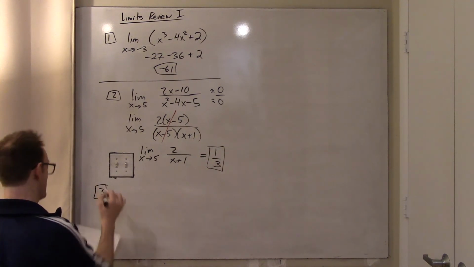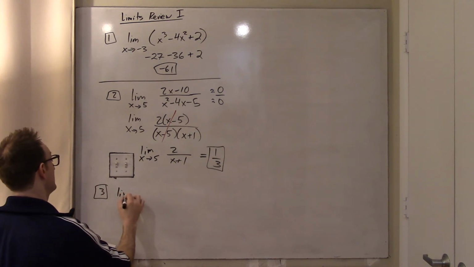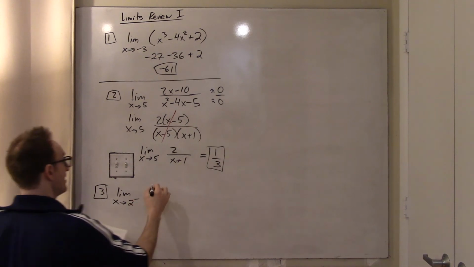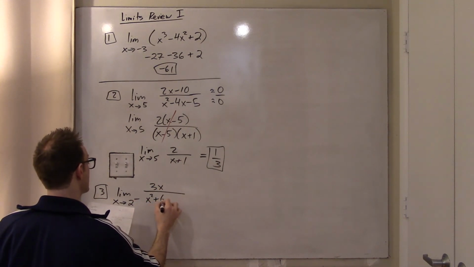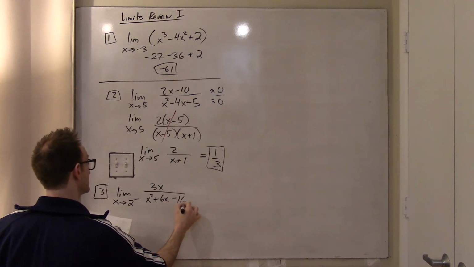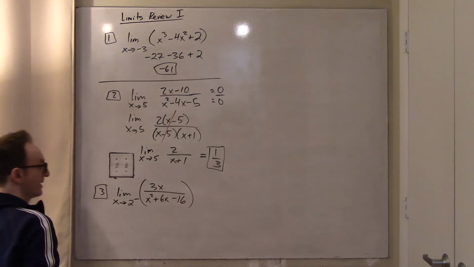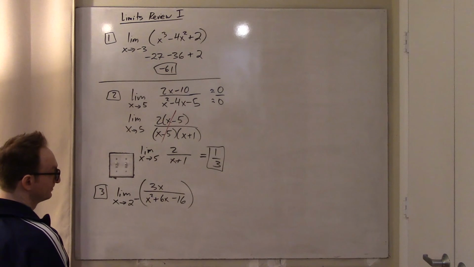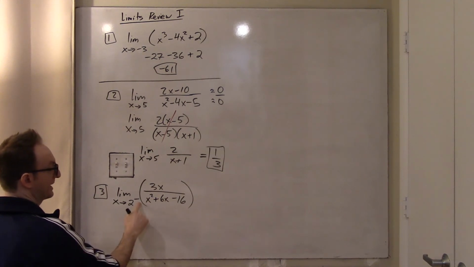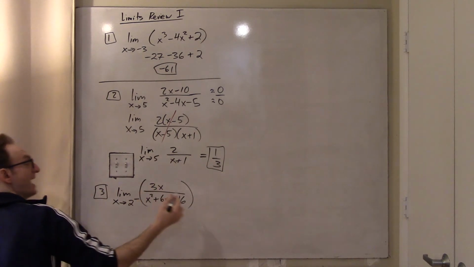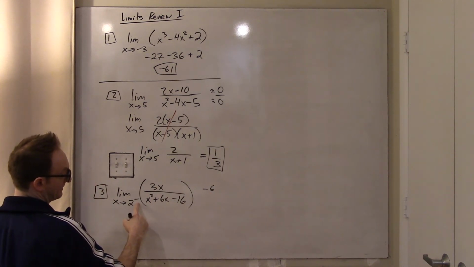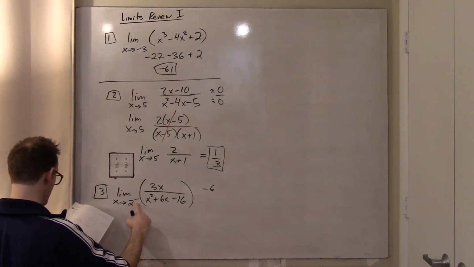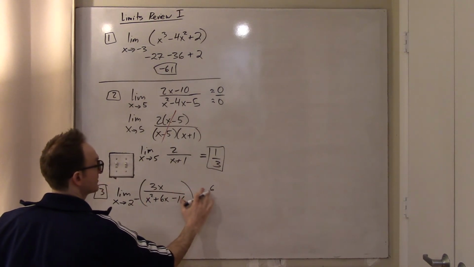Let's squeeze another one in here, number 3. The limit as x approaches 2 minus of 3x over x squared plus 6x minus 16. Alright, well, let's see. If I plug in 2 in the top, I get 6.